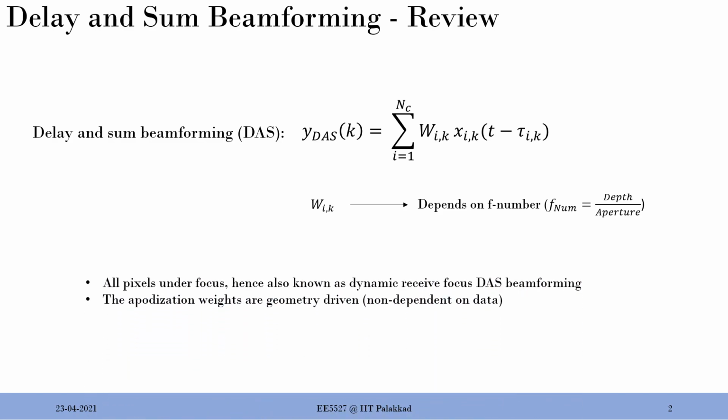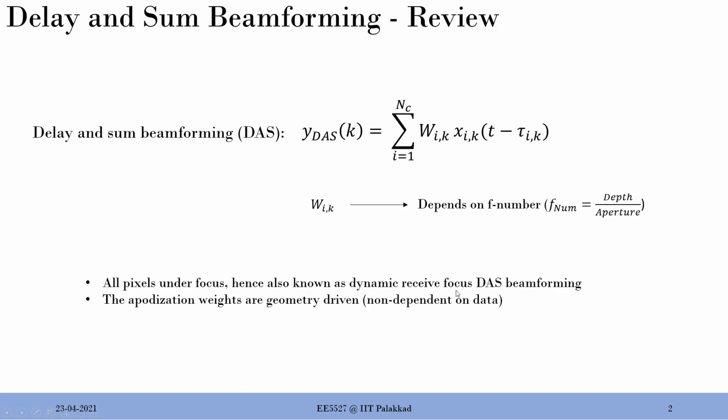So just to summarize delay and sum beamforming at a very high level, all pixels are under focus. That is one important thing. The reason is that we are calculating for each pixel the delay to each and every transducer. So it's literally like you are putting each and every pixel under focus. And because of that reason, some people call the delay and sum algorithm dynamic receive focus delay and sum beamforming.